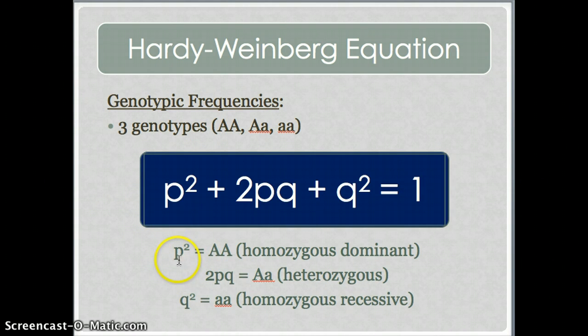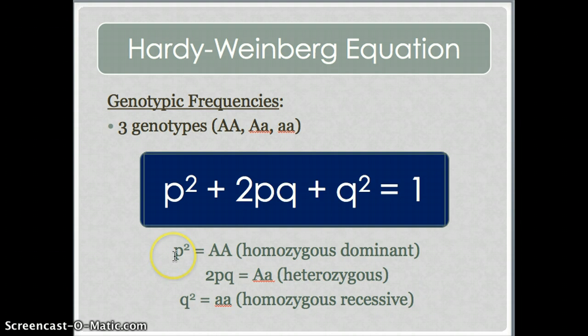Because they're expressing the specific dominant gene or recessive gene, we can also categorize them as P squared because there would be two dominant alleles, and then 2PQ because we will have a heterozygous genotype, and then Q squared because we will have homozygous recessive.